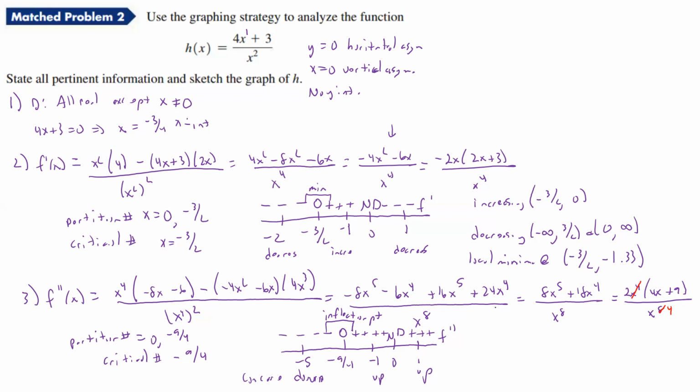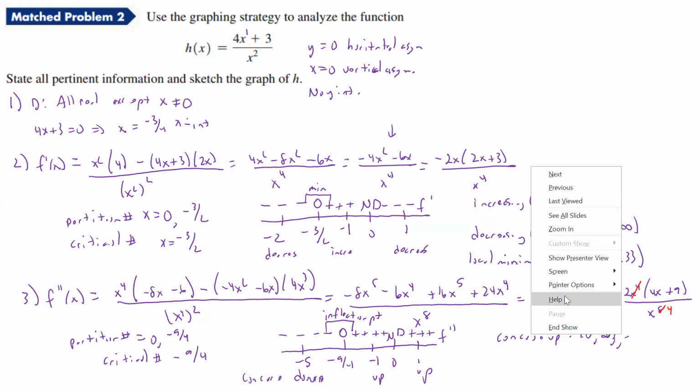Basically everything we know. So if we're going to write that out, we have concave up at what point? Well, from 0, oh wait, -9 fourths, I should say. Okay, well, let's do 0 to infinity and, back up.